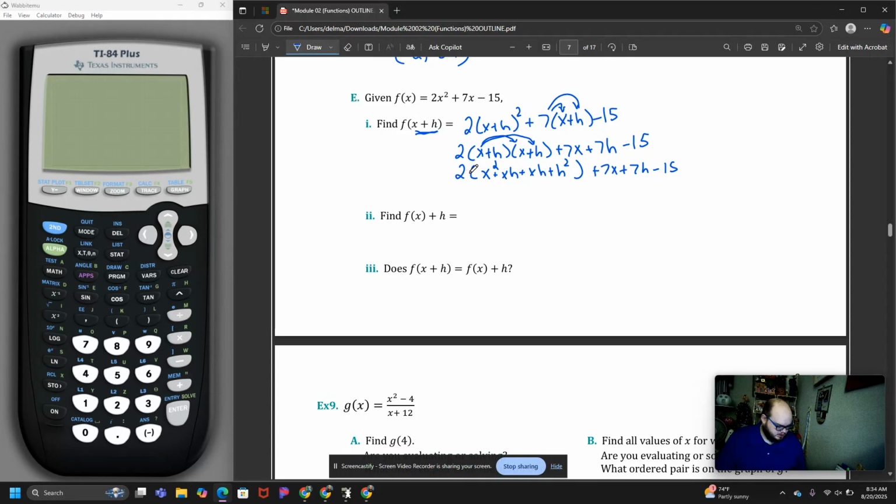Now the 2 has to go to all of this. Well, there's 2 of these already. So that's 2xh. So I'm just going to write that. So 2 times x squared is 2x squared. 2 times 2 is 4, so that's 4xh. 2 times h squared is 2h squared. 7x plus 7h minus 15.